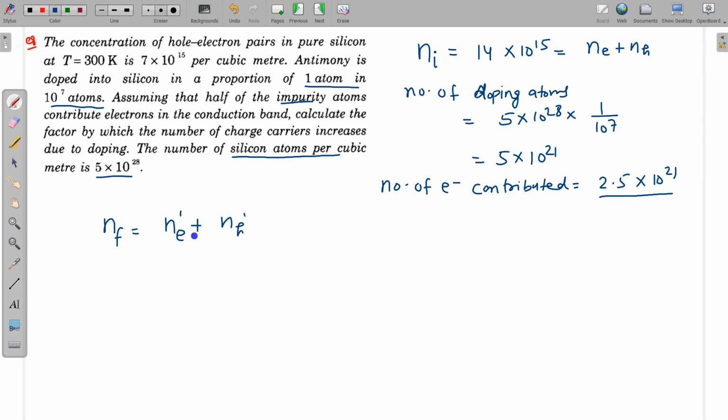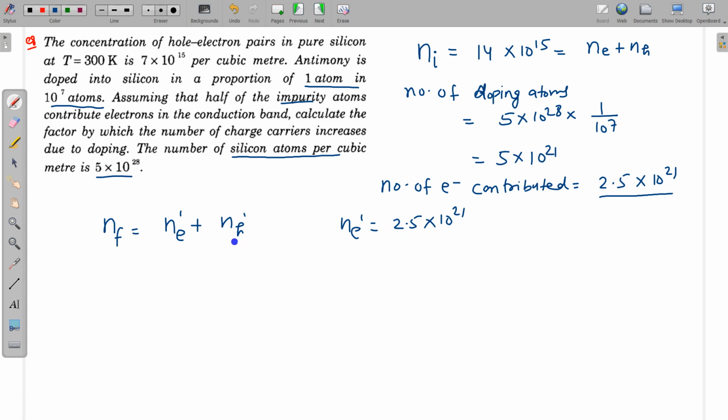So almost all the electrons are contributed by this doping atom. So this Ne dash is approximately equal to 2.5 into 10 to the power 21, and all these electrons are contributed by these impurity atoms.